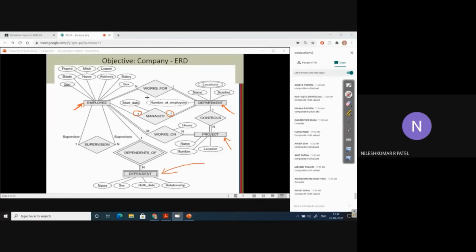So while creating the tables, this start date attribute may go to the employee table or it may go to the department table. So how can we decide where it will go? Based on cardinality ratio, we decide this, and there is reasoning behind it. There are certain rules, and those rules are framed according to design concepts and database rules.